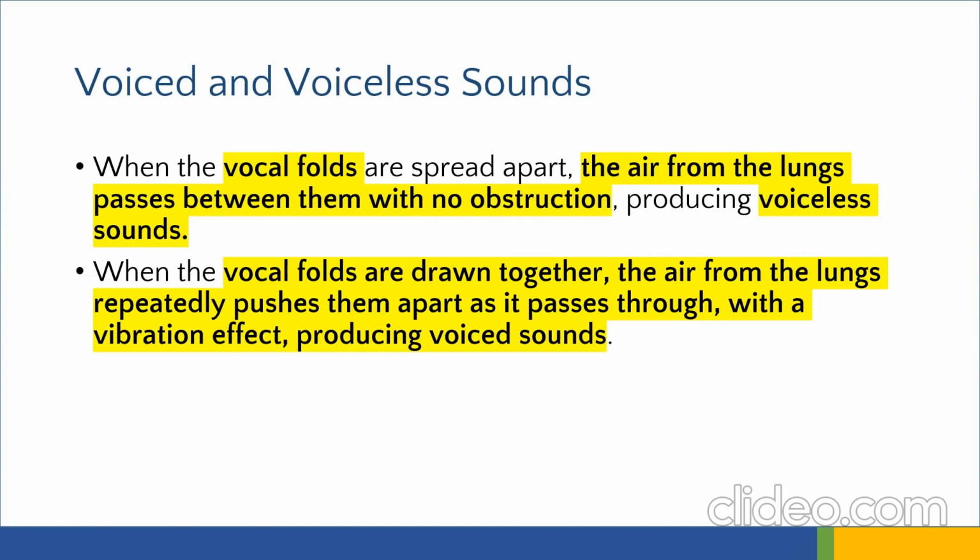When the vocal folds are spread apart, the lungs' air passes between them with no obstruction, producing voiceless sounds. When the vocal folds are drawn together, the lungs' air repeatedly pushes them apart as it passes through, with a vibration effect producing voiced sounds.